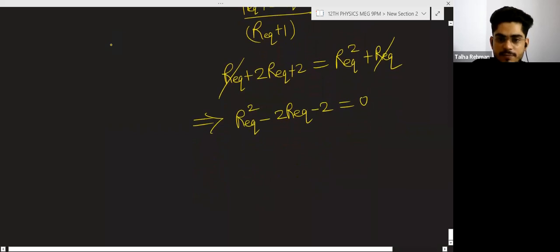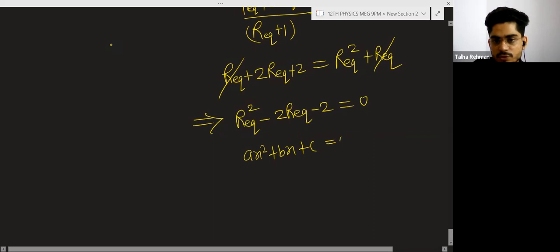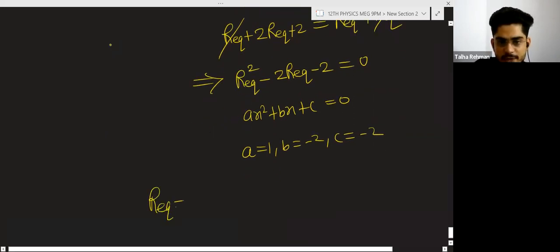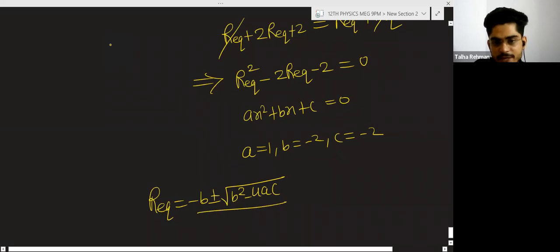Comparing with ax square plus bx plus c equal to 0, you get a equal to 1, b equal to minus 2, c equal to minus 2. Similarly you can find R equivalent as minus b plus minus root of b square minus 4ac, divided by 2a.